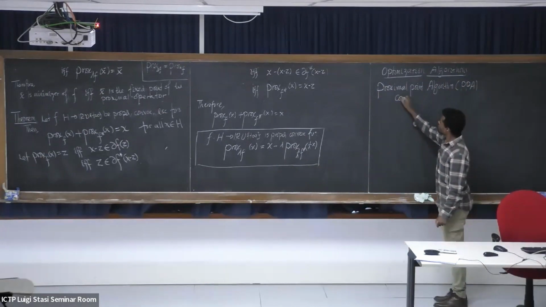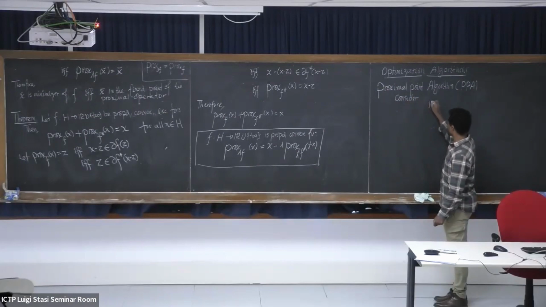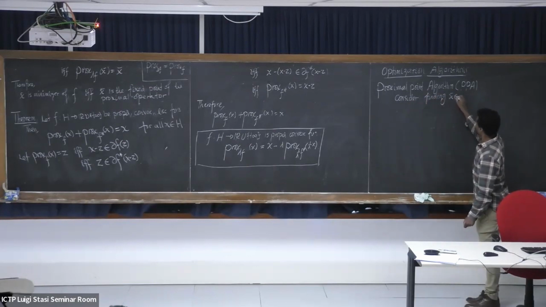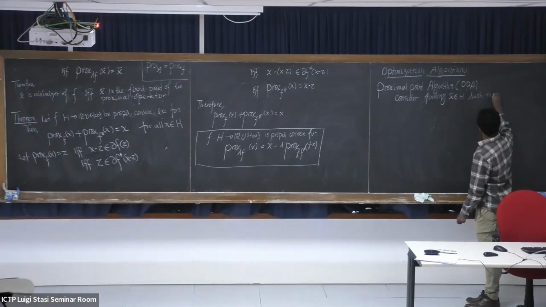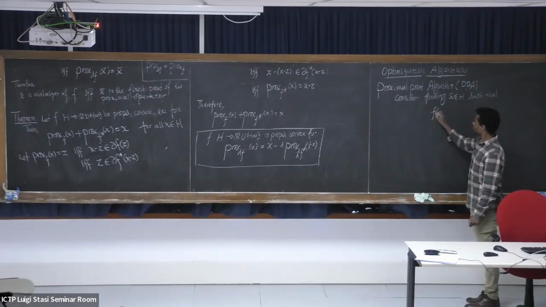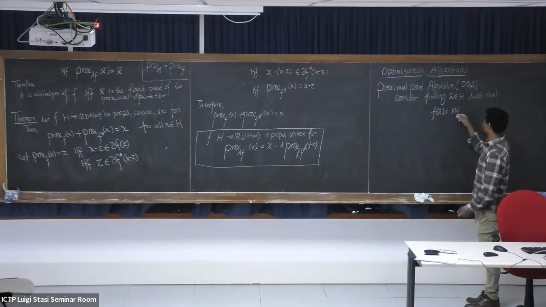So we consider the minimization problem of f of x, finding x bar in H such that the point x bar is a solution of the infimum, or the minimum, in here.